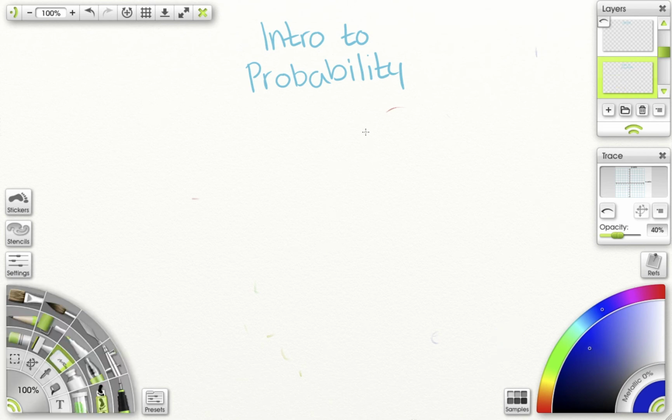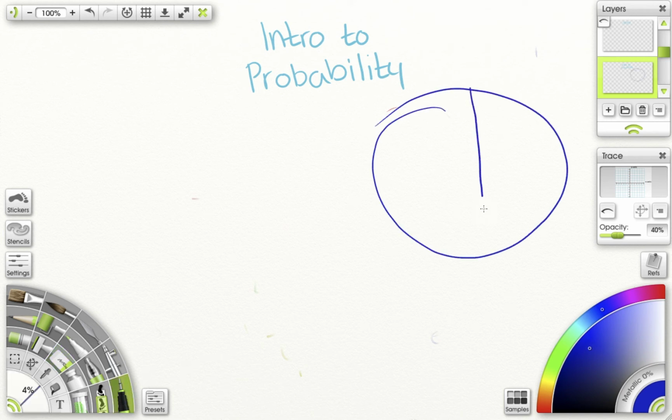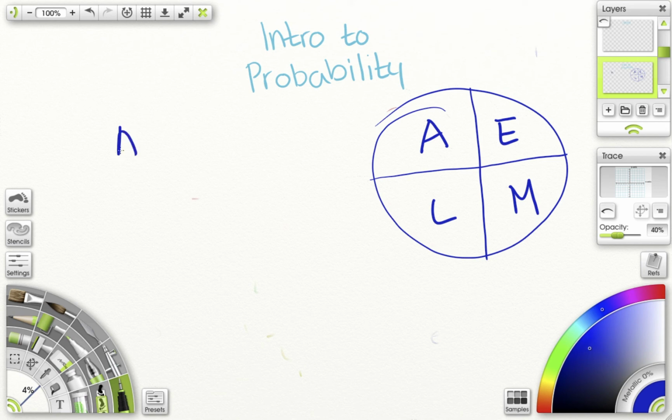So if I draw another spinner, and I have 4 sections, and let's say I have A, E, L, and M. What if a question asks me, what are the odds of landing on A?